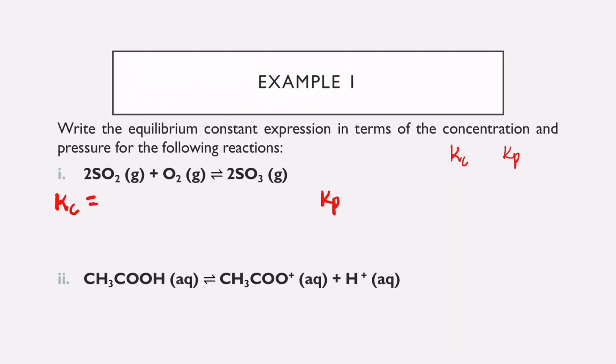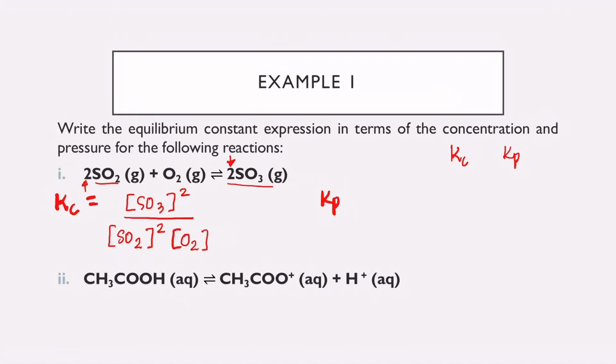You're going to write the products first. So you have SO3 concentration, and note that you have this stoichiometric coefficient, the number of moles, you have 2. So you're going to write 2 there. Over your reactants, you have SO2 concentration, squared because you have 2 right here, and then you have oxygen. In this case, I included all because it's all in gaseous phase. There's no solid, there's no liquid. So that is your Kc expression.